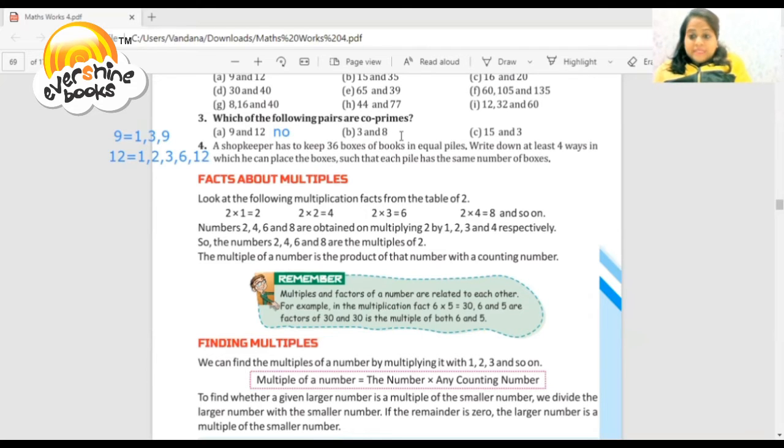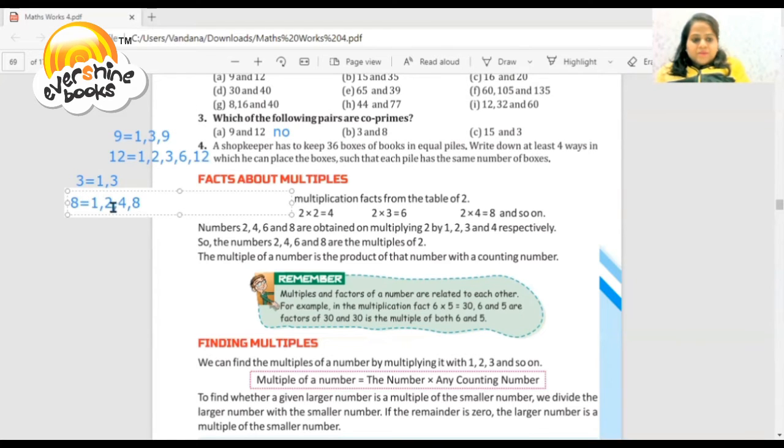Now 3 and 8. So students, first tell me the factors of 3. Write here 1 and 3 are the factors of 3. And now write here number 8. Factors of 8 are 1, 2, 4 and 8.